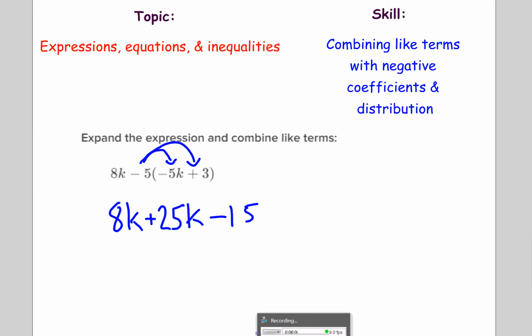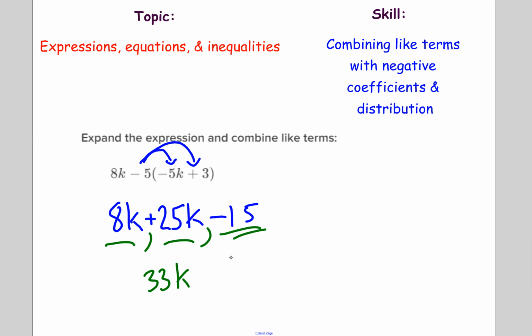So put my commas in. I have 8k and 25k and negative 15. So 8k and 25k together would make 33k, leaving me with the negative 15. So 33k minus 15. These two expressions, I promise you, are equivalent. If you plug in a number to one, plug in a number to the other, you'll get the same answer. That's why they are equivalent to each other.